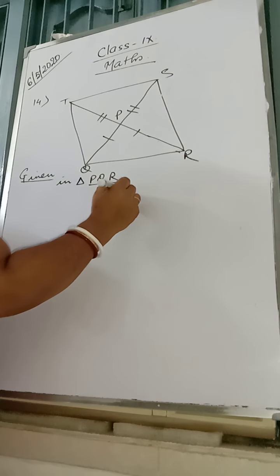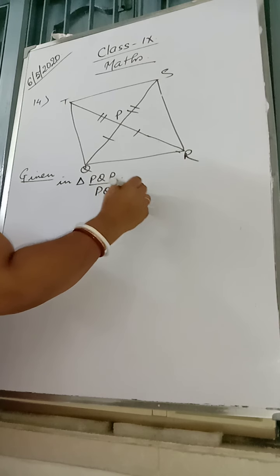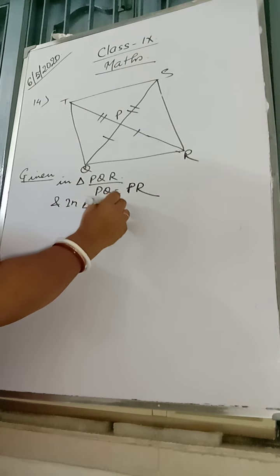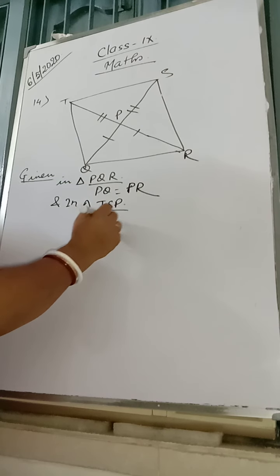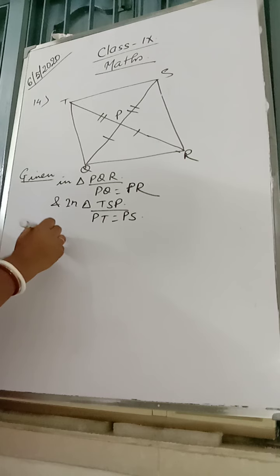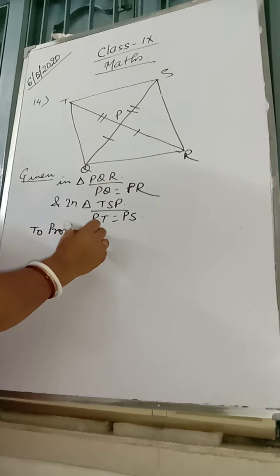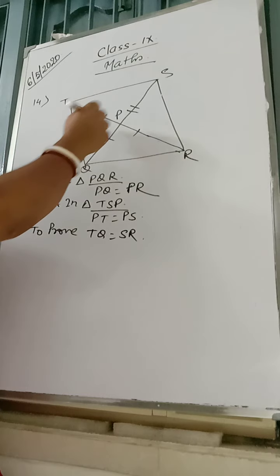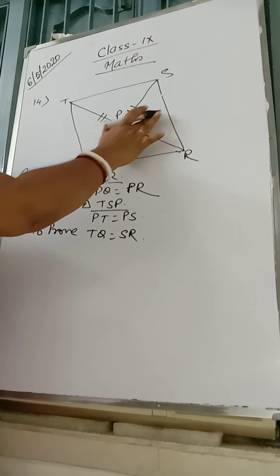PQ is equal to PR, and in triangle TSP, PT is equal to PS. To prove TQ is equal to SR. Now see, we'll take this triangle and this triangle.